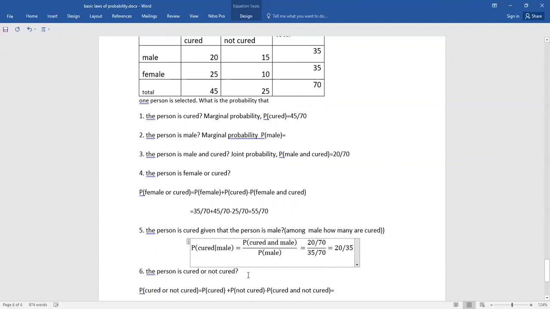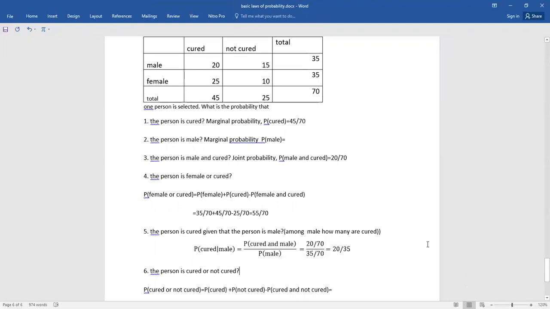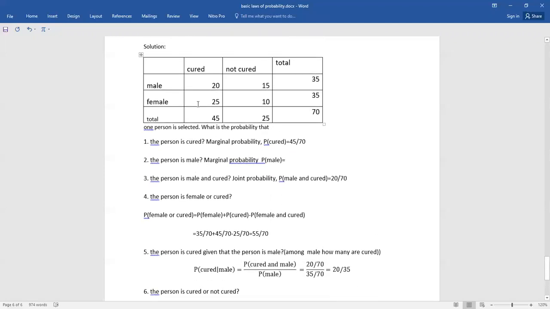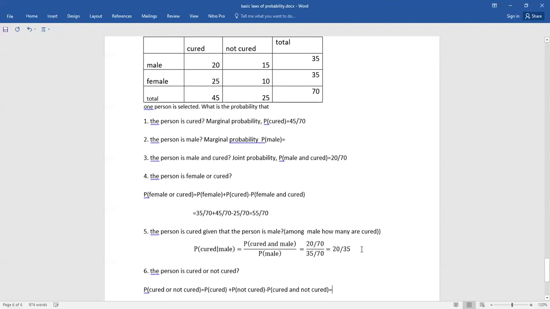Now do another one: the selected person is cured or not cured. For or, we use probability of cure plus probability of not cure minus probability of cure and not cure. Probability of cure is 45 over 70, plus not cure 25 over 70, minus cure and not cure.